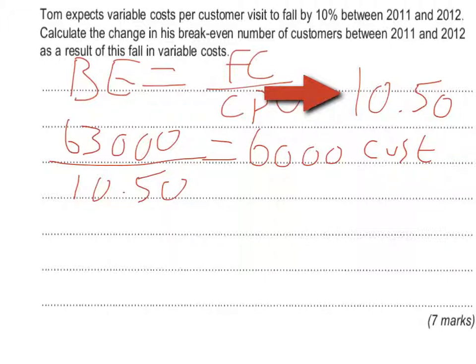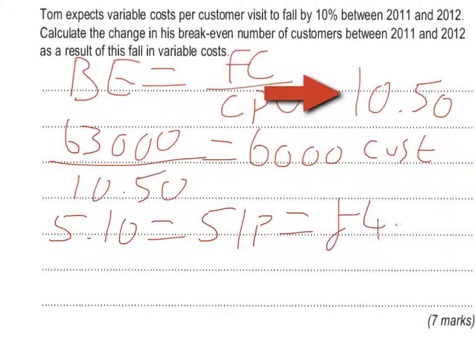However, the question is asking for the change, so we must now work out the break-even quantity for 2012. As stated in the question and the case study, variable costs are predicted to fall by 10%. 10% of the original variable cost of £5.10 is 51 pence. So the new variable cost figure will now be £4.59.